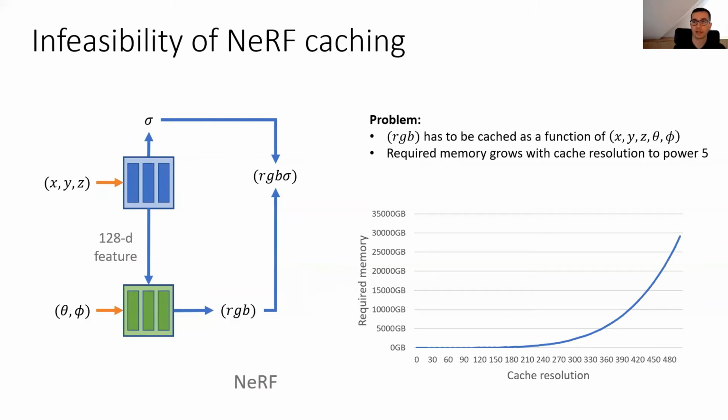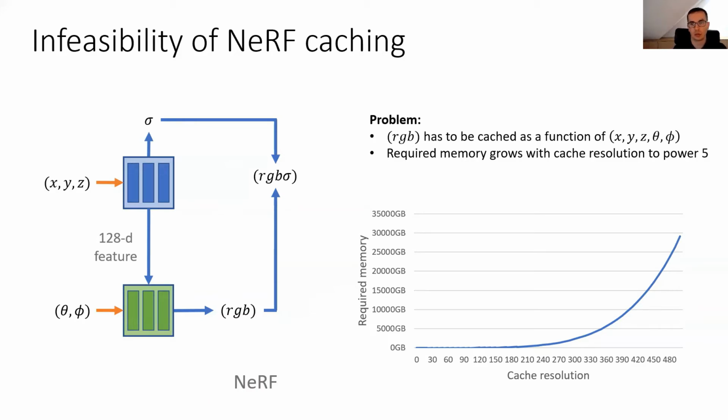So if we want to have, let's say, 500 bins per input dimension, which is a reasonable number, then we would need around 30 terabytes of memory, and this is a lot more memory than any modern GPU has, and more than most CPU memory banks would have. So not a very practical method.